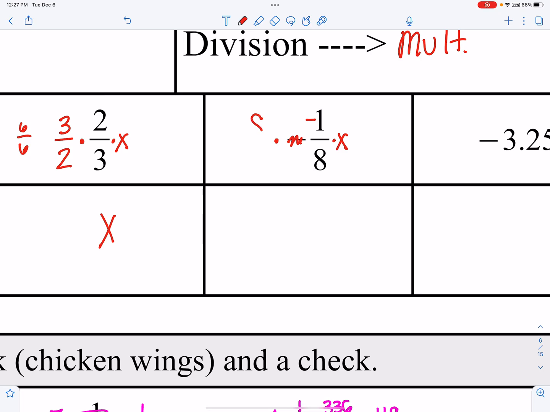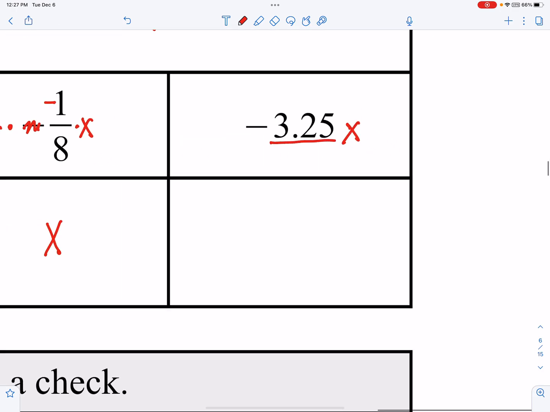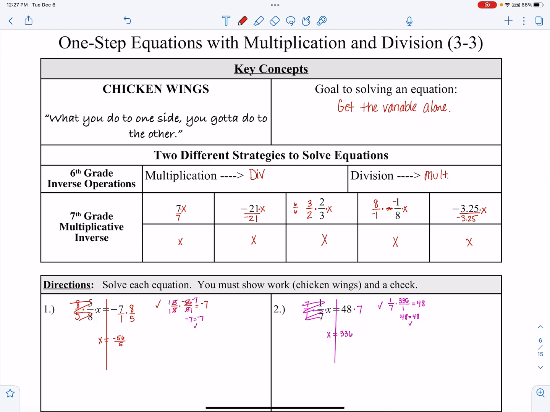So I'm going to multiply by 8 over negative 1, or negative 8 over 1, and I end up with 1x. And then the last one, I can divide, because I was multiplying, by negative 3.25, and that creates 1 whole, or 1x. So that is our process for one-step equations with multiplication and division.